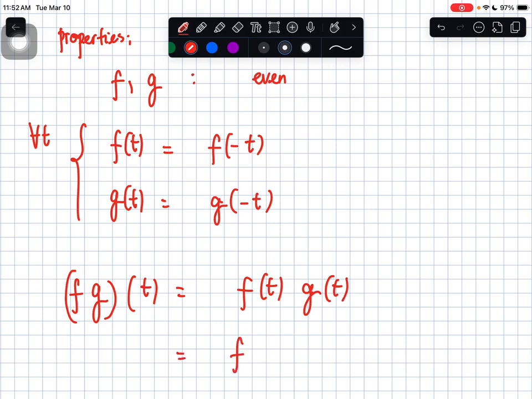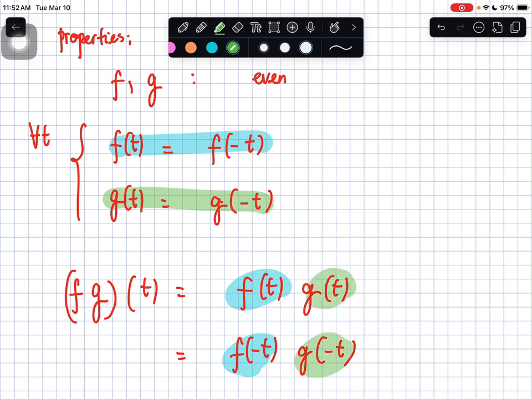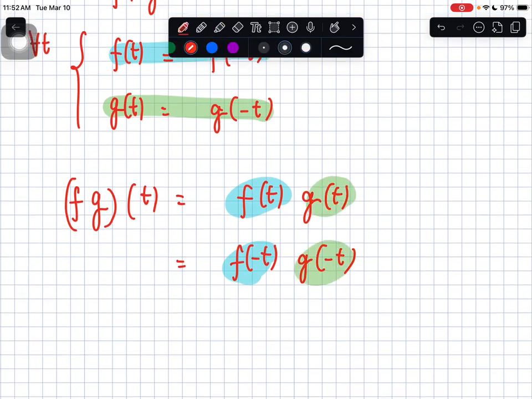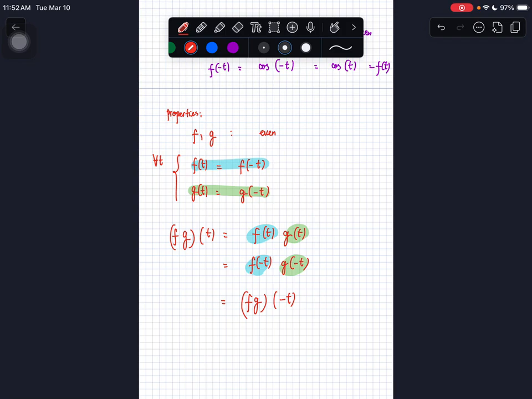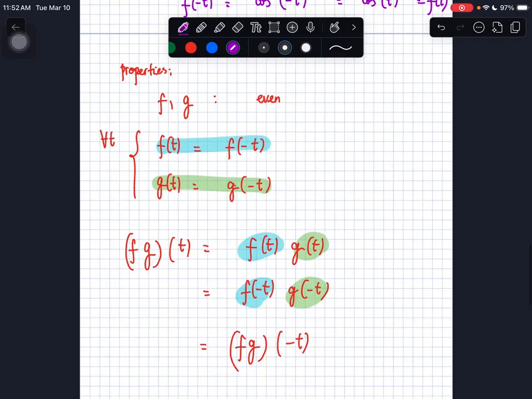But this one is f of minus t, g of minus t. I just use the properties here. This one equals this one. g(t) equals g of minus t. And this is f times g of minus t. So you see that the product f times g is also even. f and g are even implies f times g is even.